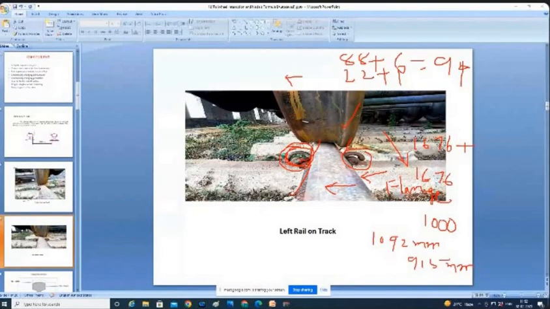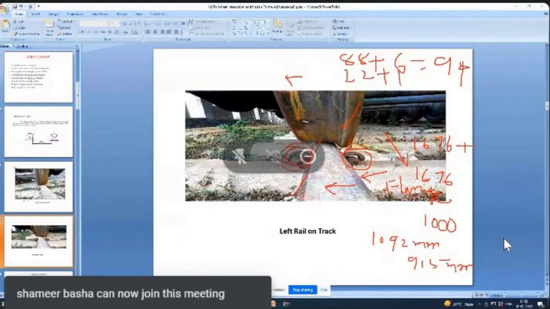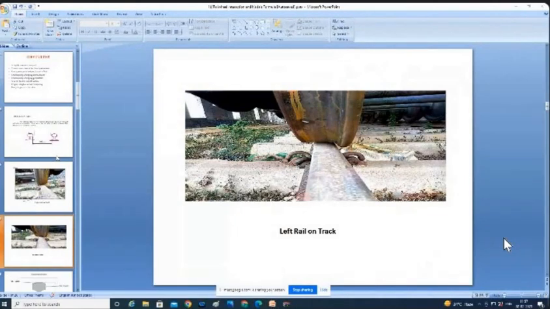Remember the influence: because of this, the track is not tolerating and the rail is moving out. Flange force, any doubt for anybody? No doubt, sir. Clear, sir.